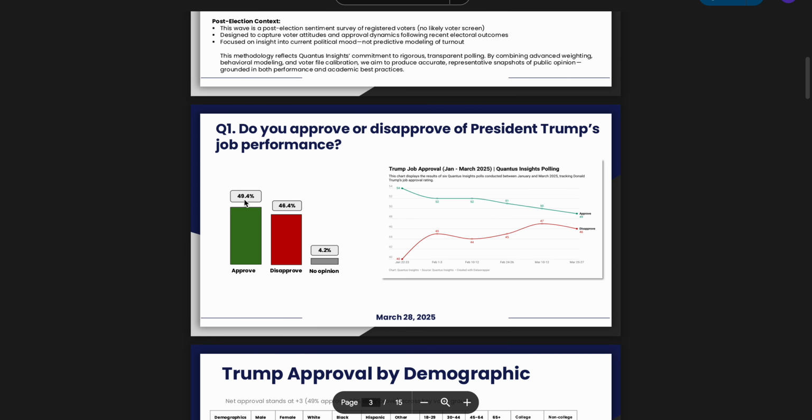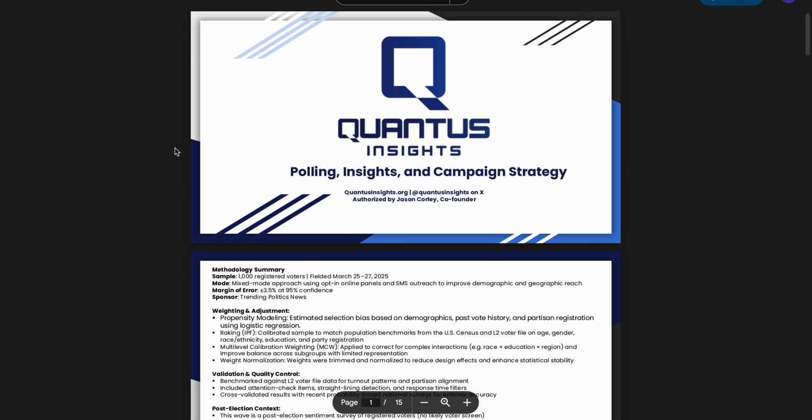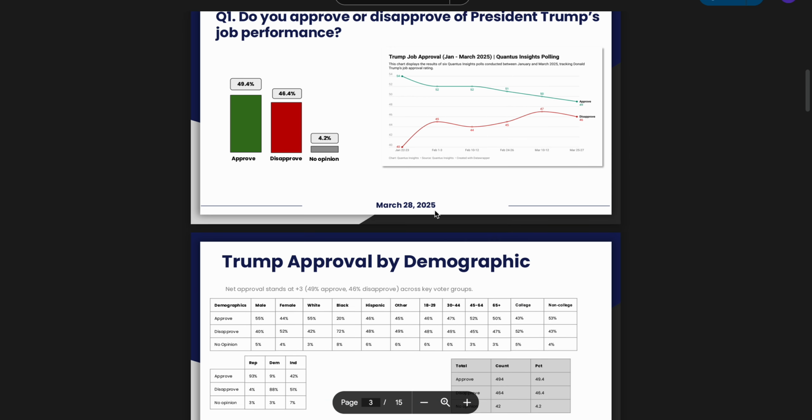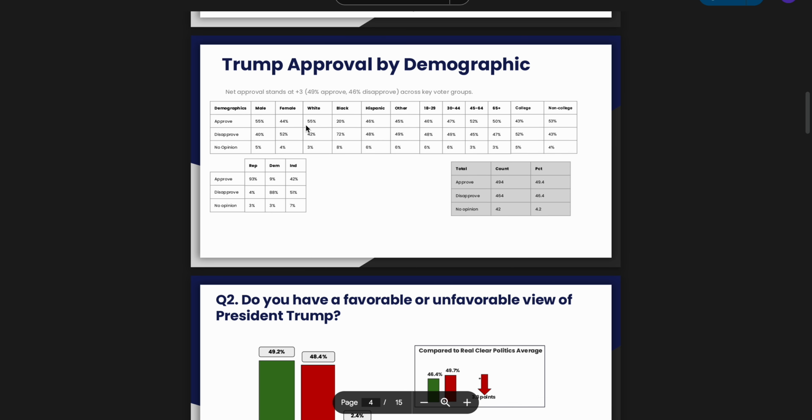And we can even see here, this just basically proves my point. You see that Quantus Insight's a very accurate pollster. We can see that they've been tracking Trump's approval rating. He's at about 49% approve to 46% disapprove, and looking at the white vote, approve about 55%. He's approved of by 20% of black voters, 46% of Hispanic voters approve, and 45% of other voters also approve of him as well.